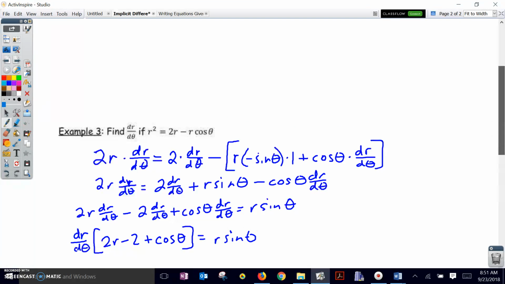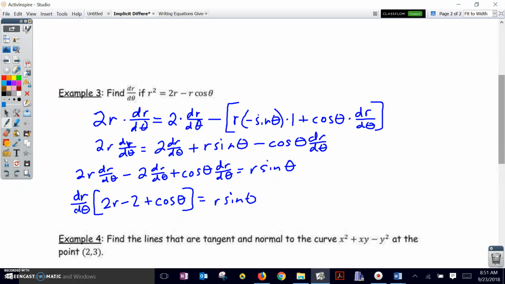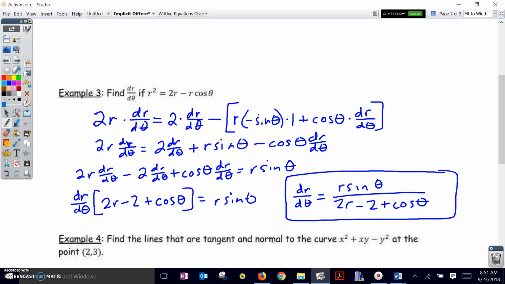And then I'm going to divide both sides by the remaining factor to get dr d theta. So dr d theta is equal to r sine of theta all over 2r minus 2 plus cosine of theta. And there's my derivative.